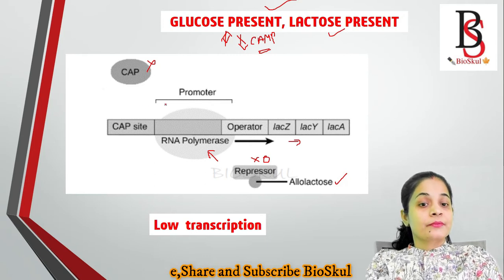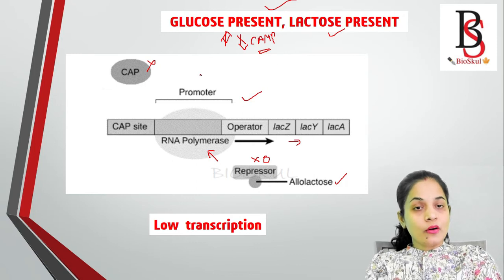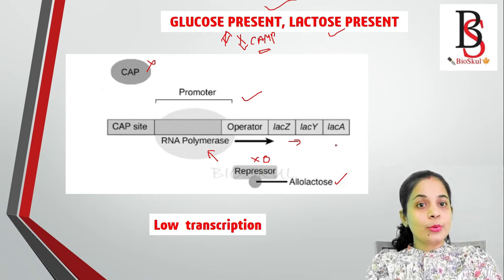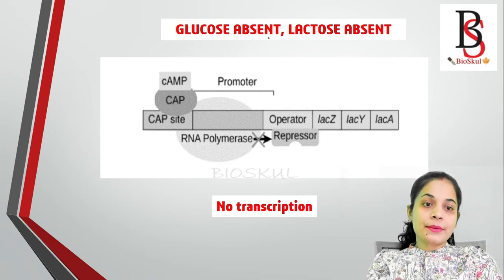That means here, though the transcription is on, the rate of transcription is low because the promoter of the Lac Operon is a weak promoter, right? So in presence of glucose and lactose, the Lac Operon will be turned on, but the rate of transcription will be low.